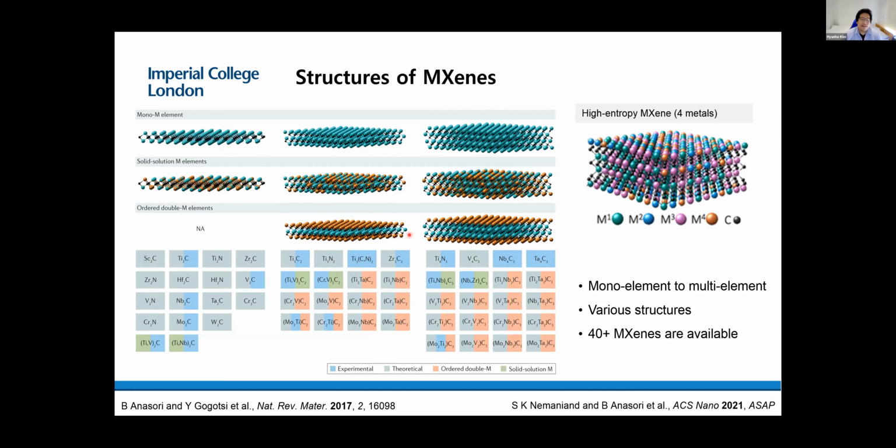And this is related to their entropy. Recent studies are trying to involve 4 different metal atoms and create randomly placed high entropy MXenes. So far more than 40 MXenes have been reported experimentally, and we are expecting more MXenes to be found in a short time.